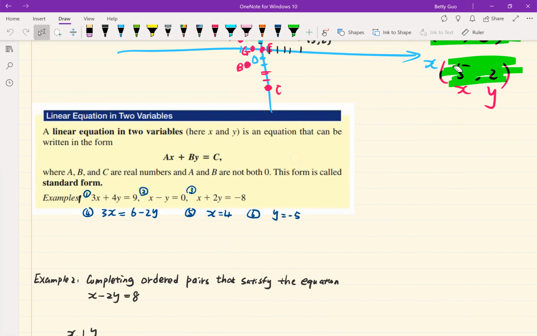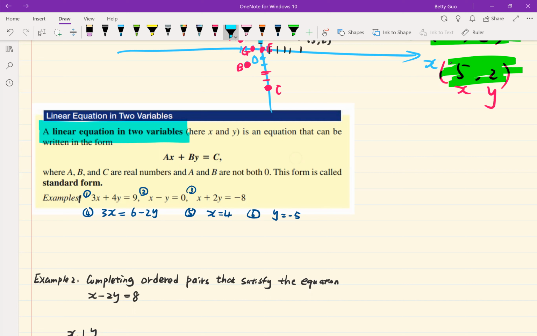We're going to see how we define a linear equation in two variables. In the previous chapter, chapter 2, our focus was linear equation in one variable. In this chapter, chapter 3, we talk about linear equation in two variables.